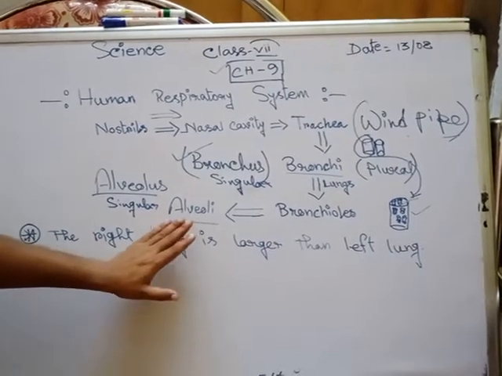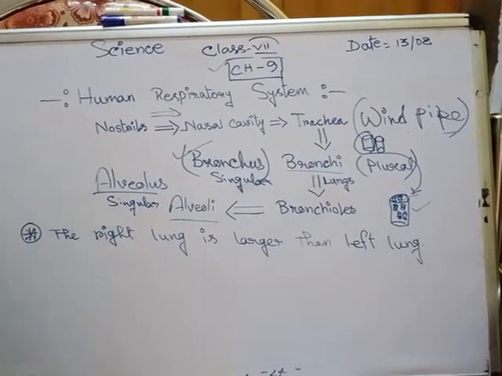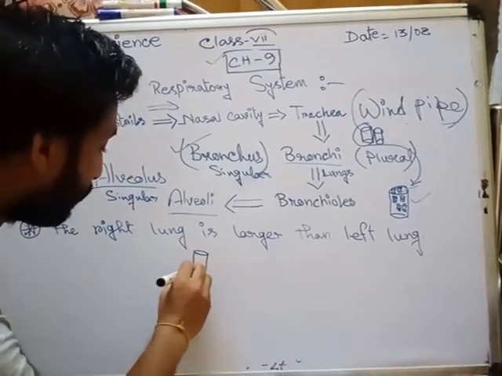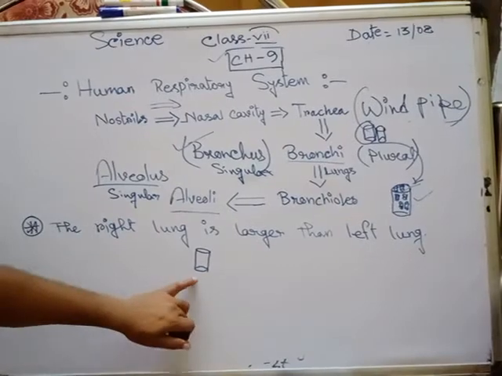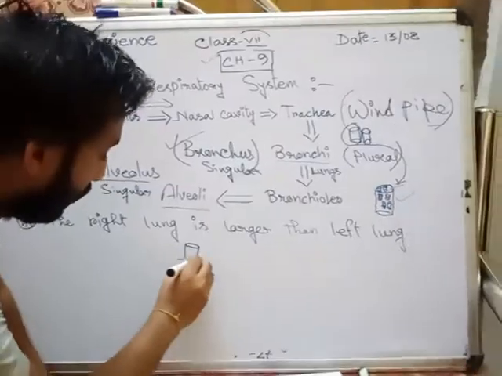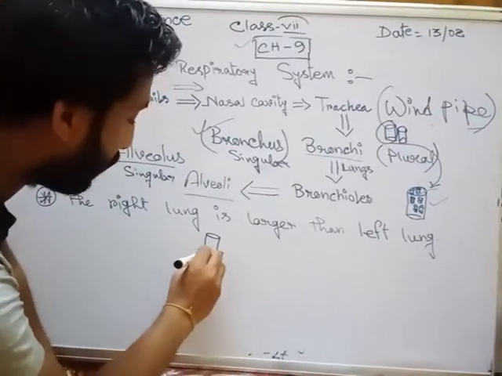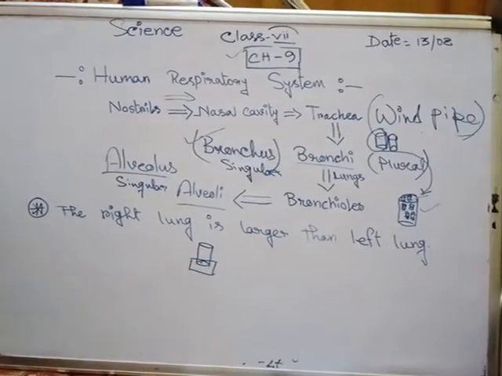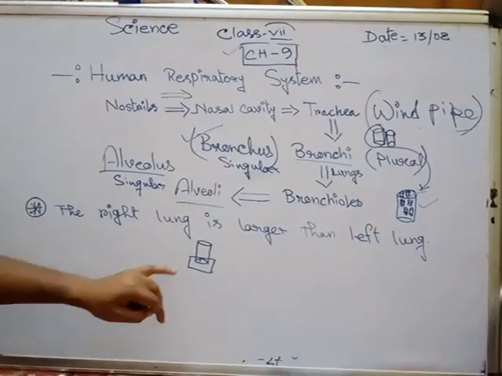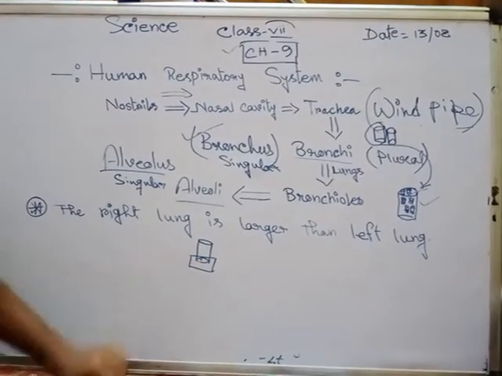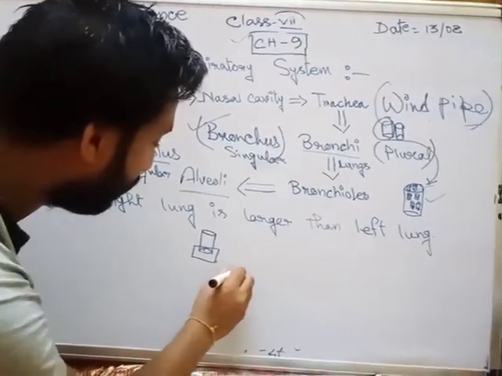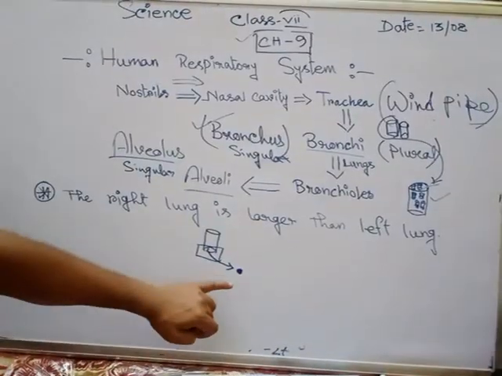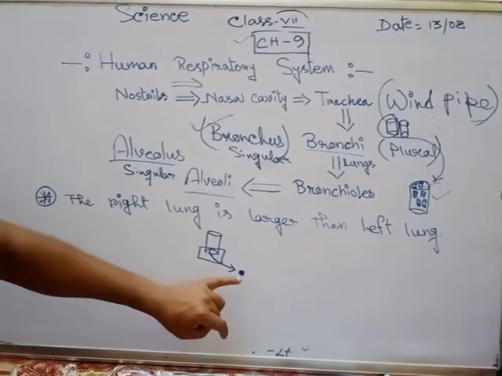That means suppose this is the bronchiole, and at the end portion of the bronchiole here is an air sac, so it is called the alveoli.